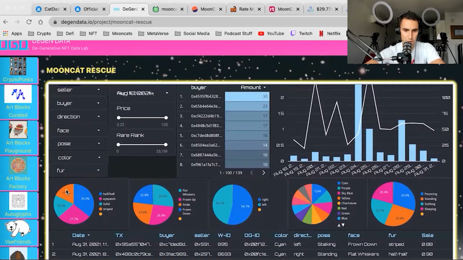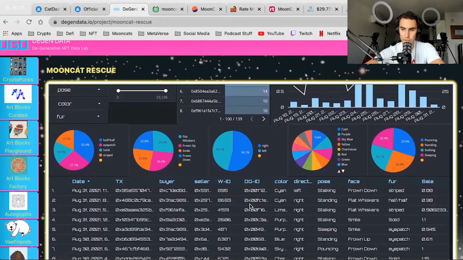For stripe, the tabbies are the rarest. When it comes to the expression, pretty similar. It looks like the right has a little bit of an advantage for the facing. Colors are pretty evenly distributed. And then the stance is pretty evenly distributed, with sleeping being the rarest and pouncing being the highest at 30%.